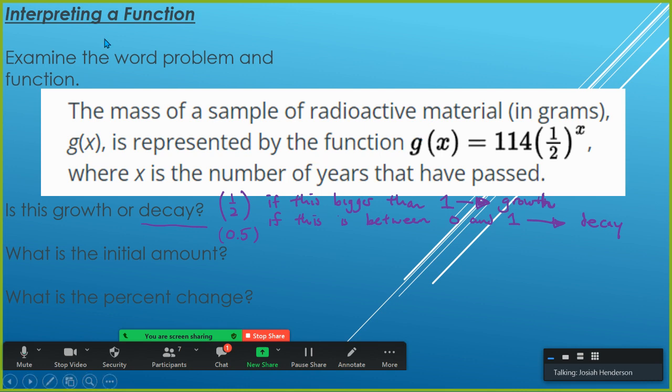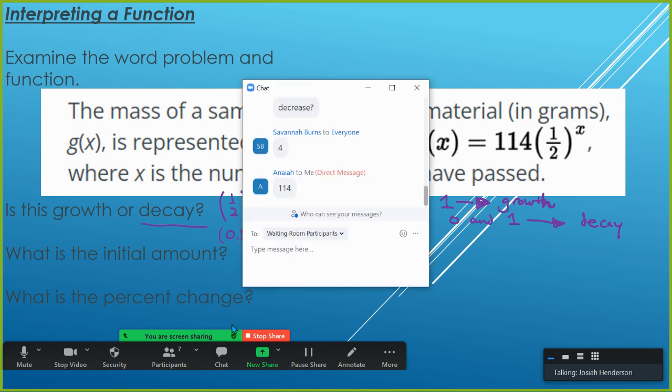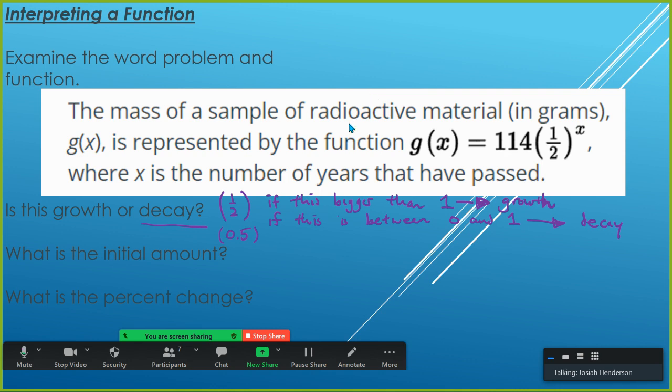Okay, I see someone in the chat. Anaya, high five, Anaya. Yes, correct. She said 114 is the initial amount. It's whatever number doesn't have the exponent. Whatever number is in the spot of the 114 here is the initial amount, that's the starting amount.